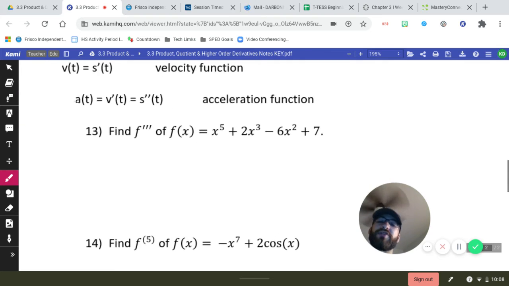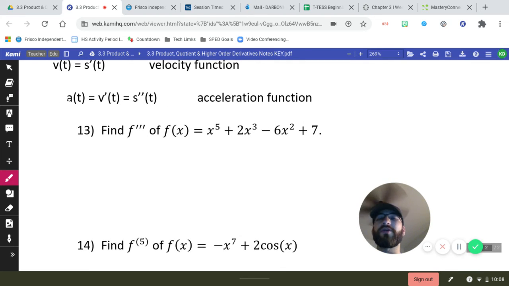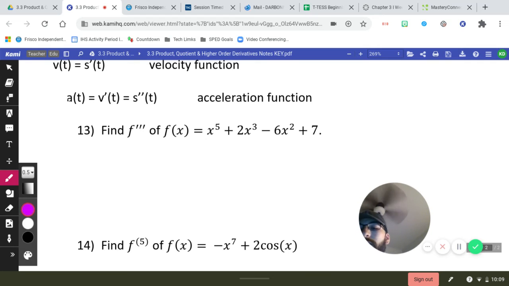So let's look at number 13. We're going to find, so those three little dots, you guessed it, the third derivative. So find the third derivative of f of x is equal to x to the fifth plus 2x cubed minus 6x squared plus 7. So we're just going to go across. So f prime of x is equal to 5x to the fourth plus 6x squared minus 12x. All right, let's do it again.